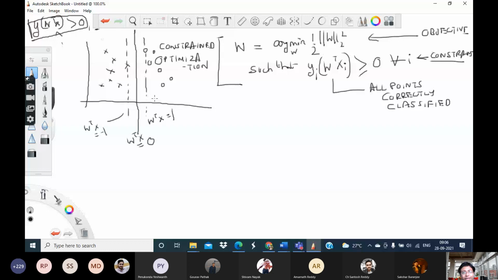Now, as you said, this W can take any value. What I am trying to do is formulate an optimization problem by solving which I can get the optimal W, not any other W.